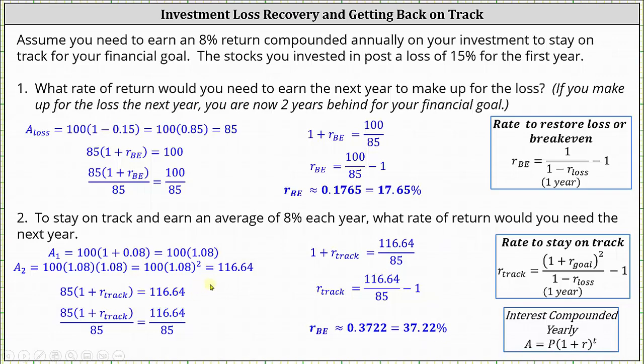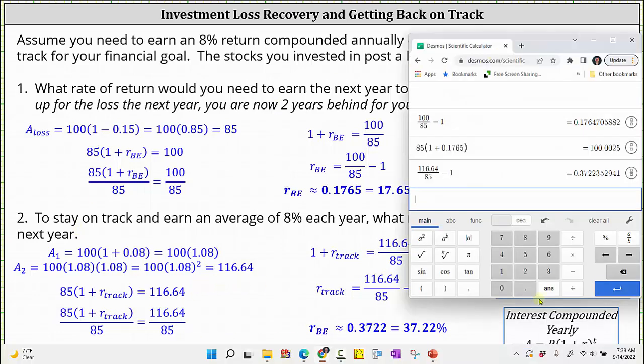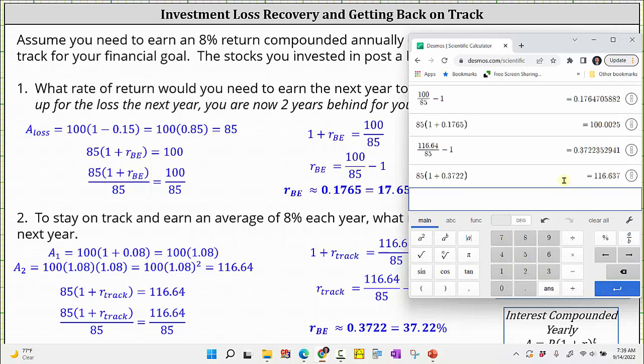And again, let's go ahead and check this. To check this, we enter 85 times the quantity 1 plus 0.3722, close parenthesis, and enter. Rounding to the nearest cent, notice how the account balance is on track with a balance of $116.64.